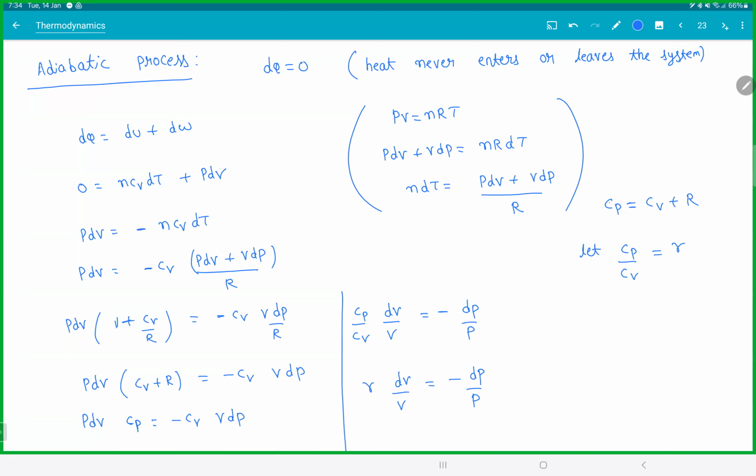Now we have to integrate this. Have a look at what I did. Because we didn't want to write Cp by Cv every time, we defined it as gamma. So it didn't just come out of nowhere, it was derived like this.